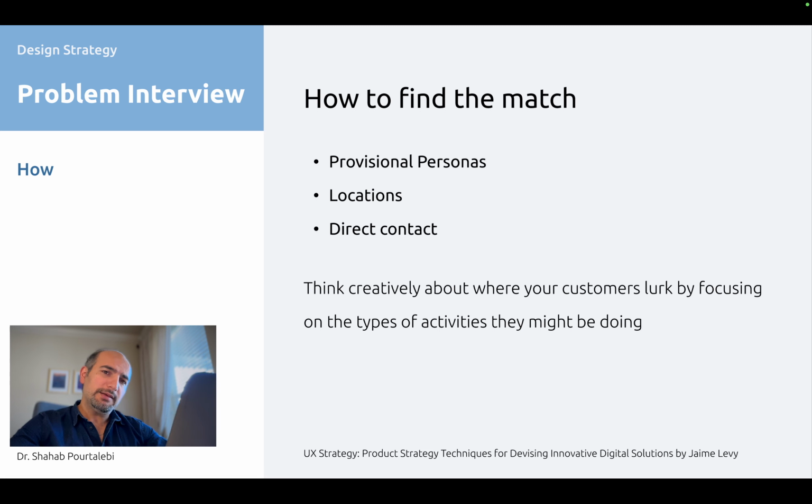What I mean here is that you think creatively about where your customers lurk by focusing on the type of activities they might be doing. Could I go to a shopping center, a place where they purchase clothing for their kids? Yes, it could be a good place, but they might be in a hurry as well.